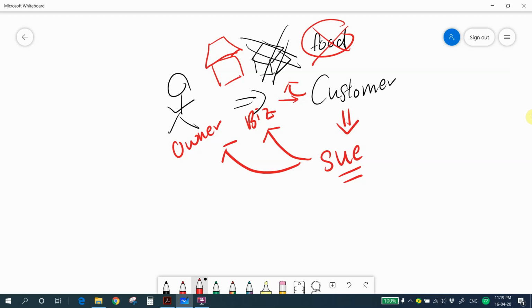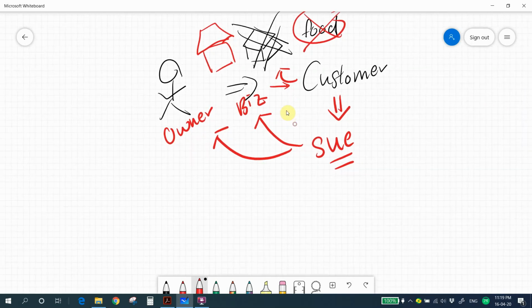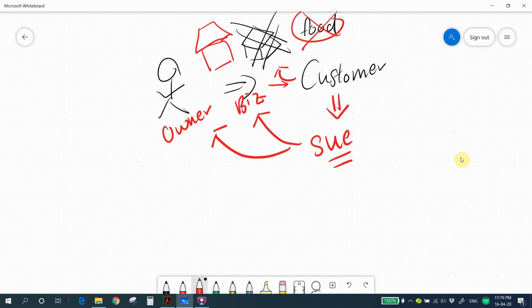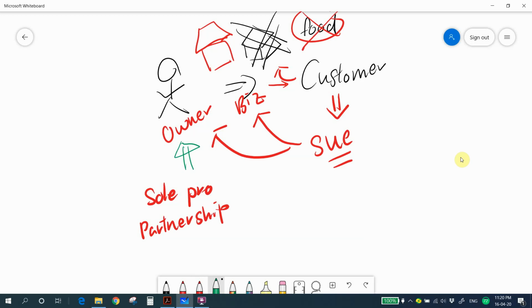This very much depends on the business structure. If you are a sole proprietor, if you are a partnership, they sue the owner.